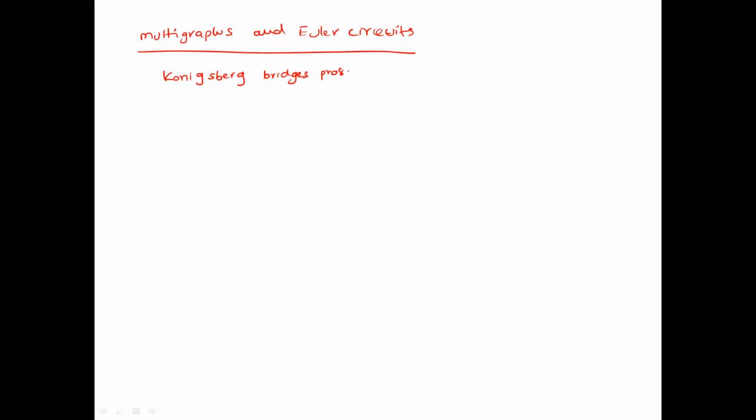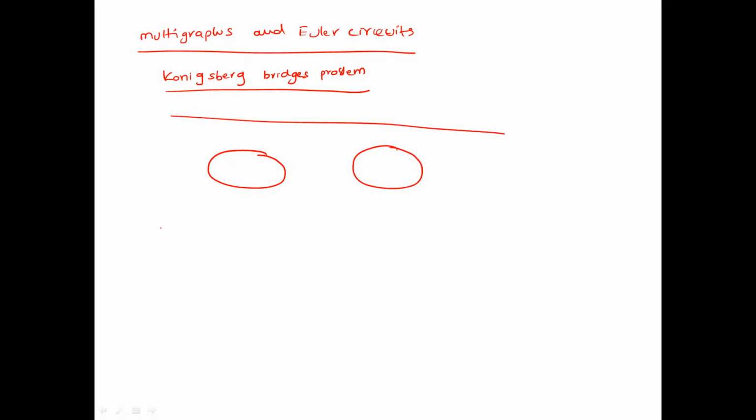I want every one of you to listen carefully. The bridge problem is something like this. They have 2 islands. This is one island, and this is another island, and this complete thing is water. In the water you have 2 islands.